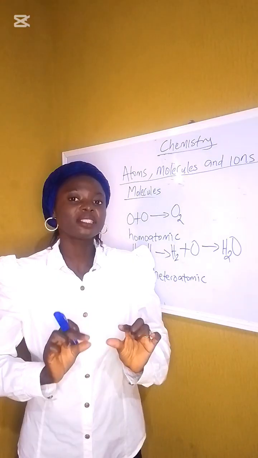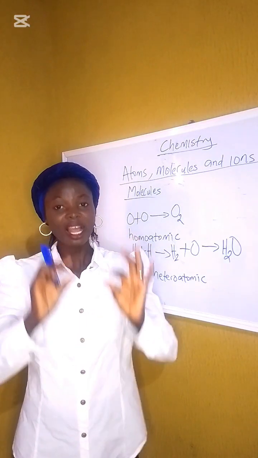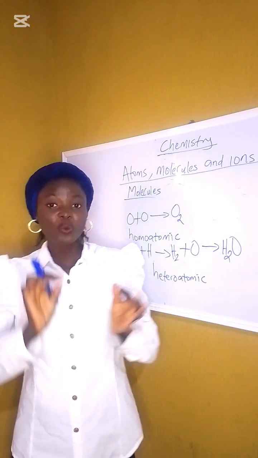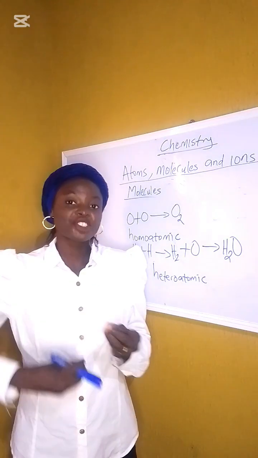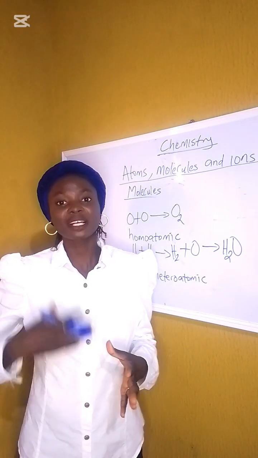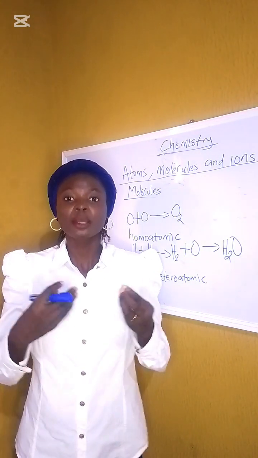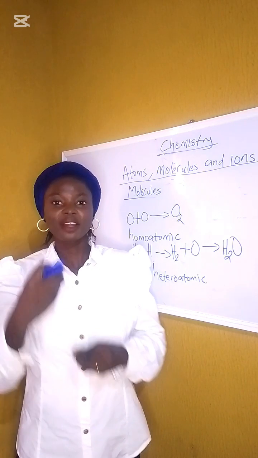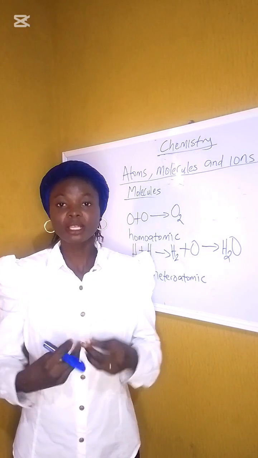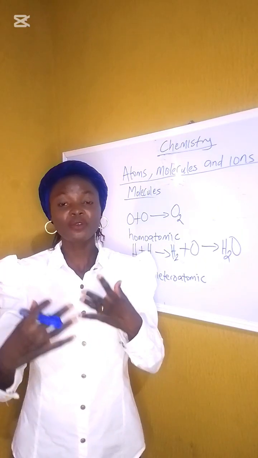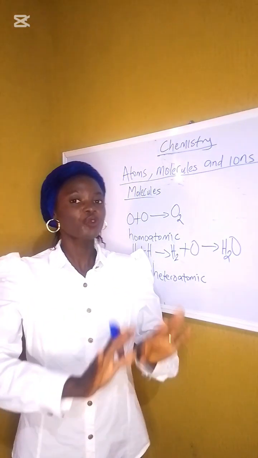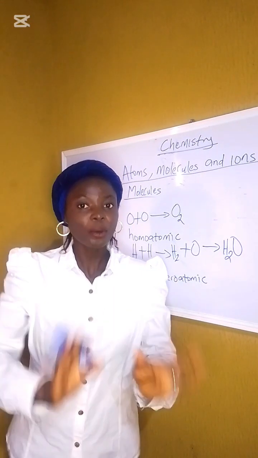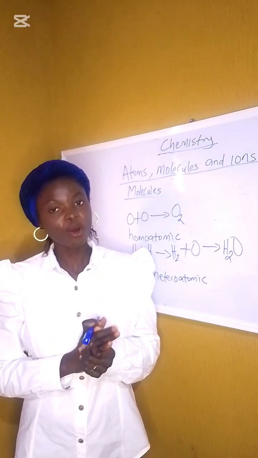Chemical bonding occurs when there is sharing of electrons or transferring of electrons between atoms to form another compound, be it a molecule or whatever.